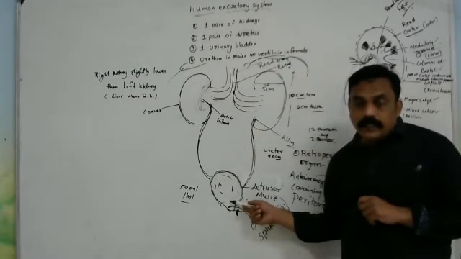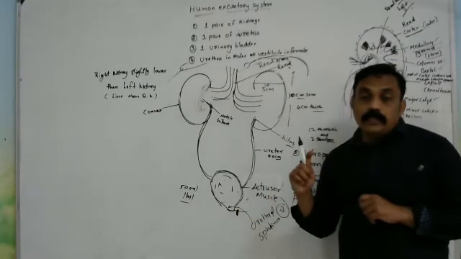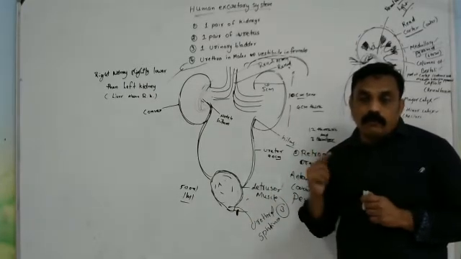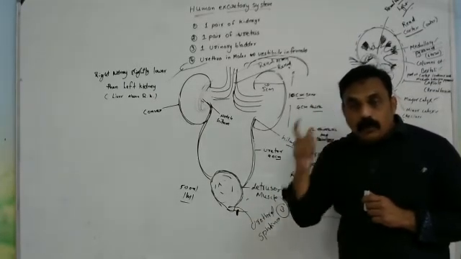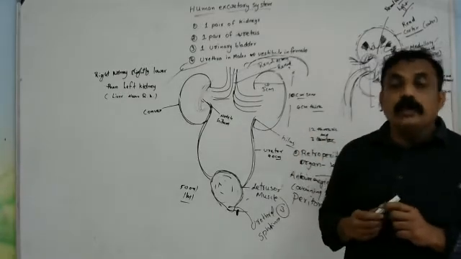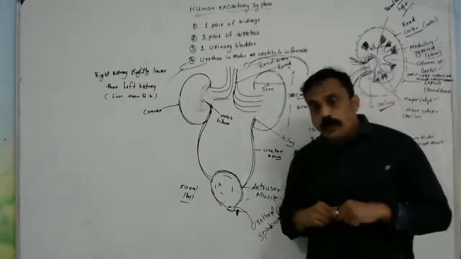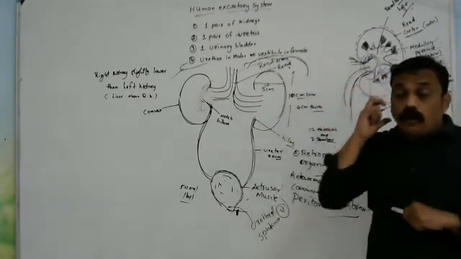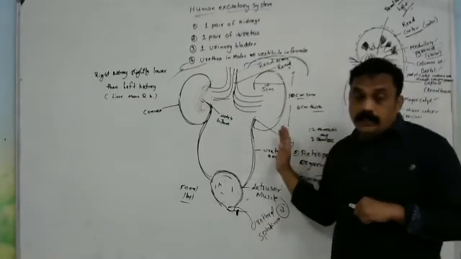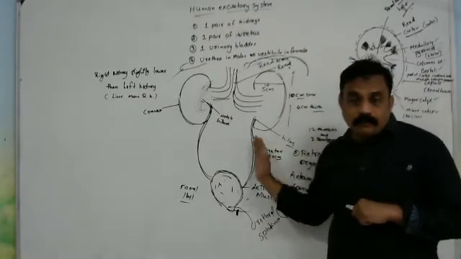It is a voluntary sphincter, which means that by our brain's consciousness we send the urine outside the body. This is the structure of the kidneys and the human excretory system.